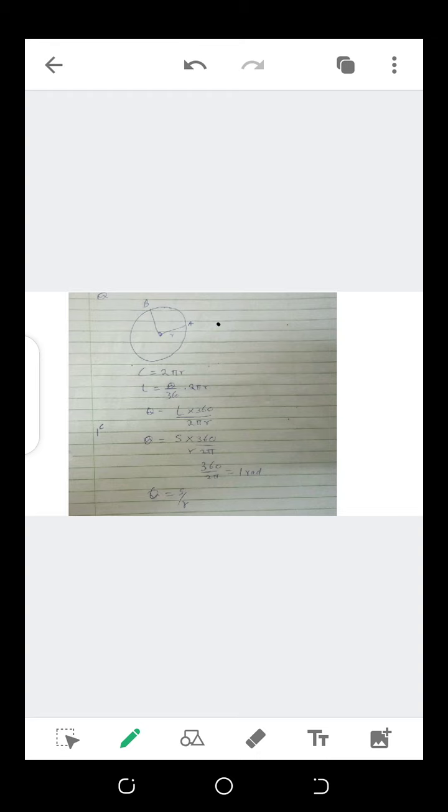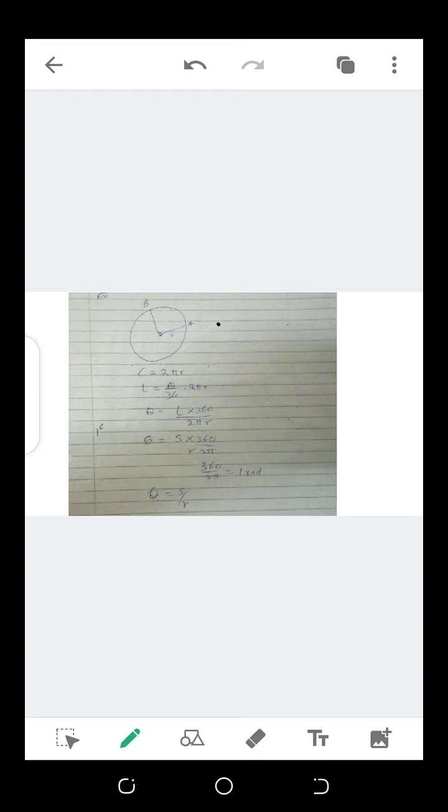C is the circumference, which equals 2 pi r. To get the length from A to B, that is L, we take theta over 360 multiplied by 2 pi r. Making theta the subject of the formula, we cross multiply through by 360, and theta will be L multiplied by 360 over 2 pi r.